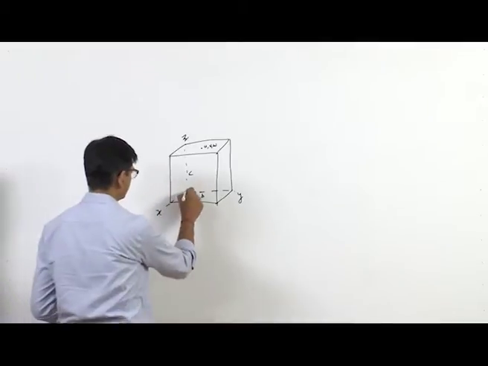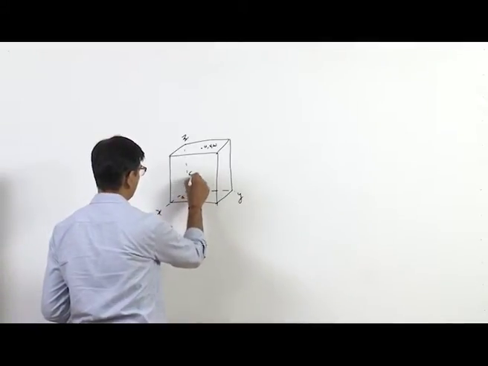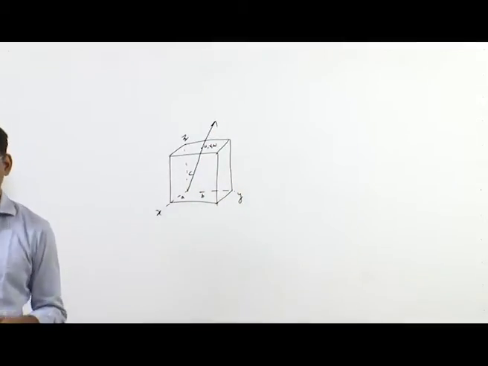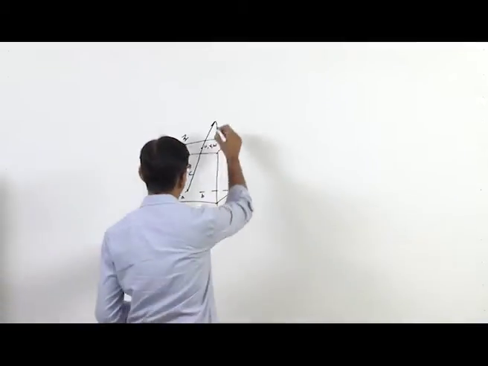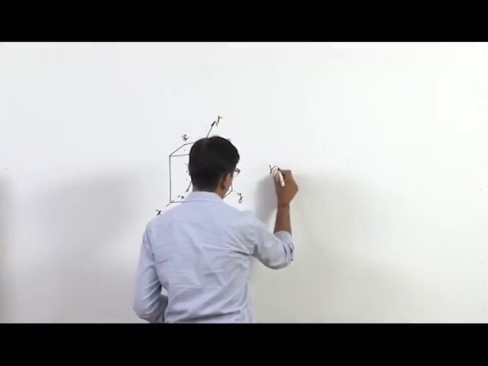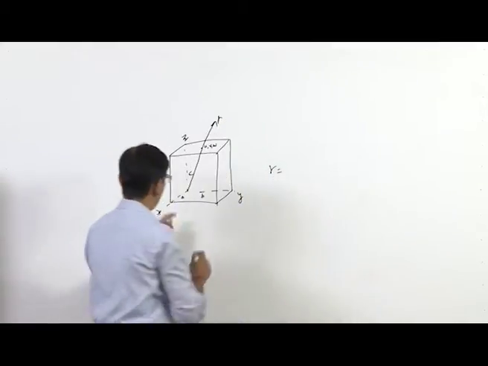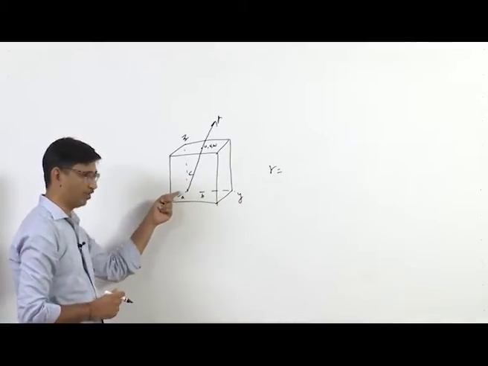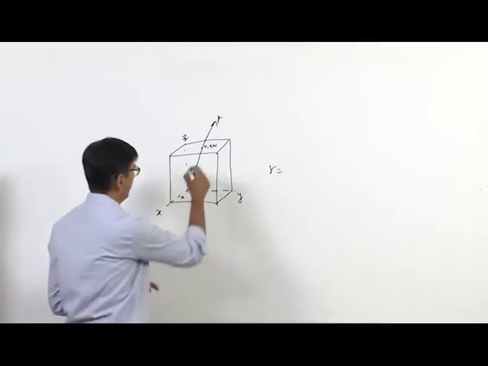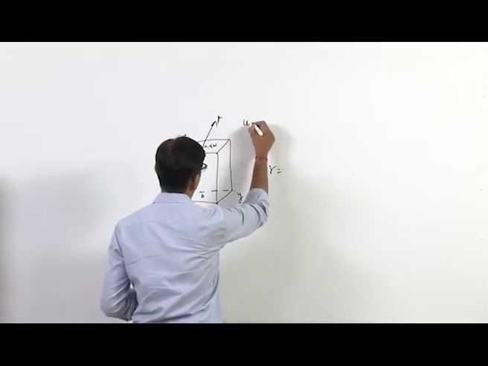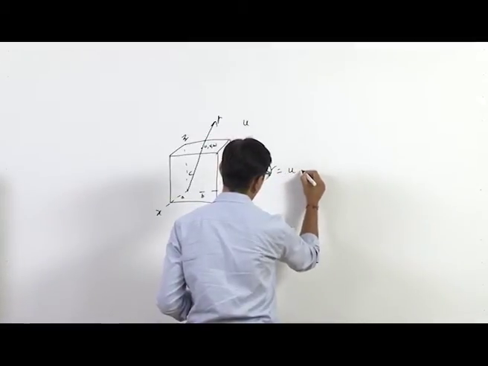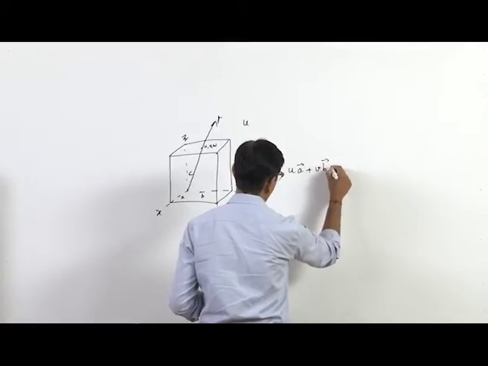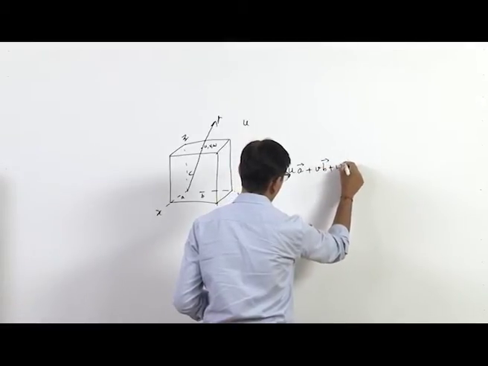So any vector which is passing from the origin through this point, through vector algebra, I can say that this r vector is actually, I have to go in all the three principal directions along a, b and c. If this is UVW, then I will say that r is equal to u a plus v b plus w c.